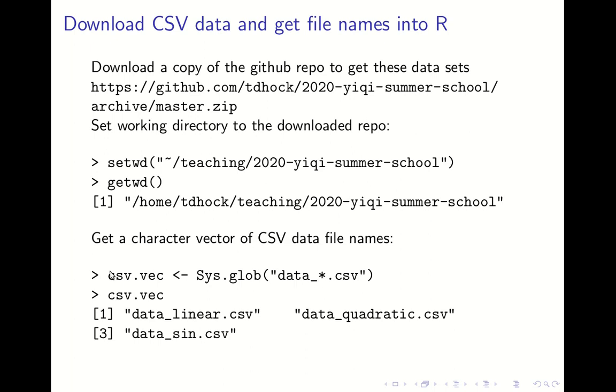That's going to be saved in this variable. This left arrow is the assignment operator in R, which means to assign the result of this function call to this csv variable here. And here we're printing out the value of that variable. We can see that there are these three data files corresponding to those three data sets that we saw in the previous figure.